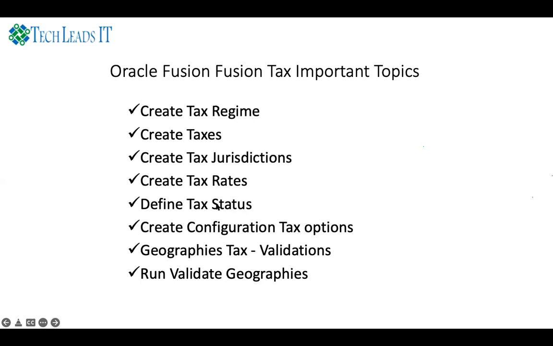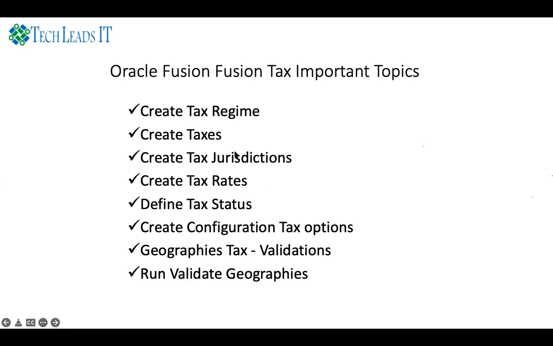Then tax status means, once we have done it, whether it is active or inactive. Then based on the understanding or the requirements, you also do the configurations of different tax options. And we also run the validate geographies.